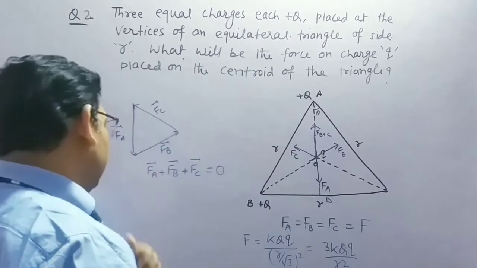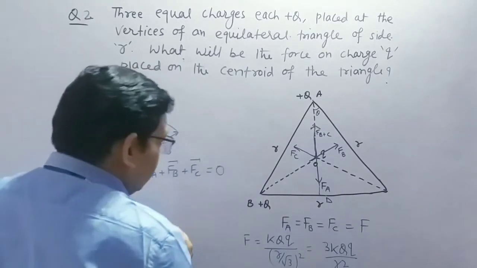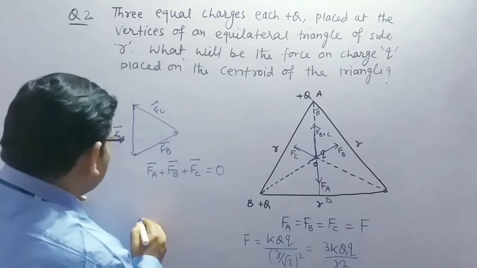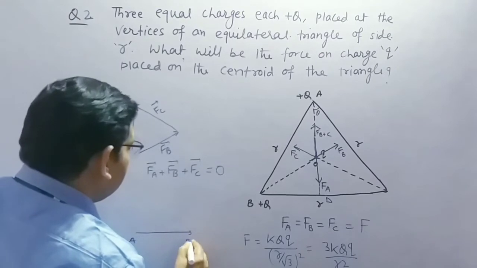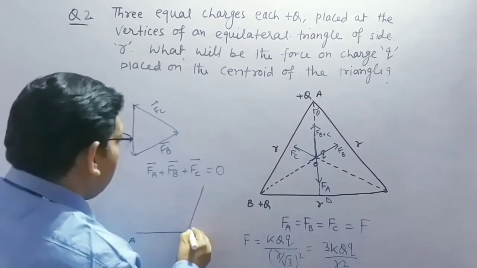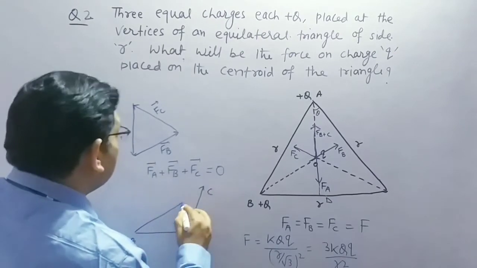In class 11, we know the triangle law of vector addition. So in the triangle law of vector addition, consider three vectors: vector A, B, C, and this is the resultant vector.